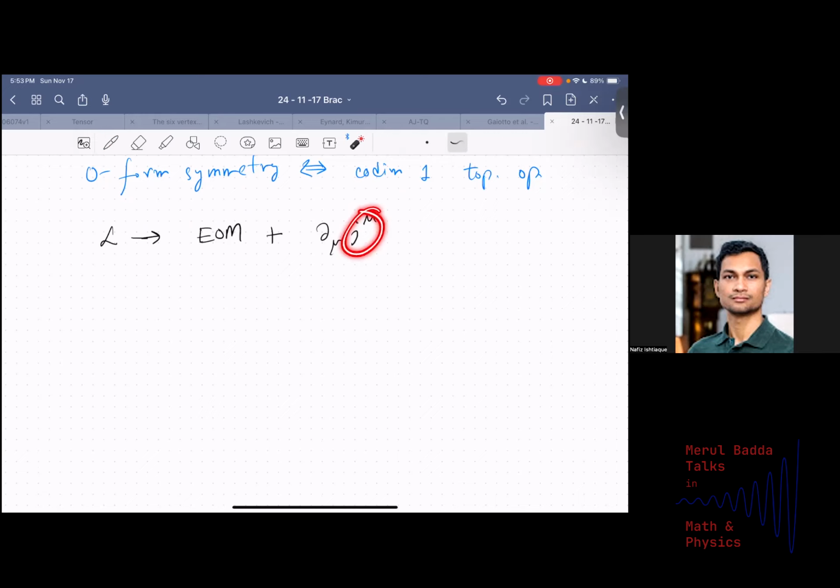And so from here, you kind of read off what this conserved current is. But another way that you can derive the form of this conserved current is the following. Maybe you're familiar with this kind of procedure for determining what the current looks like, right? If not, that's okay.